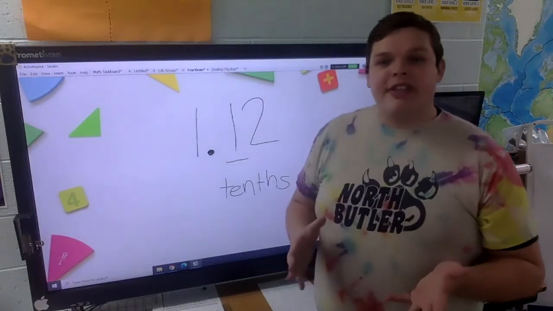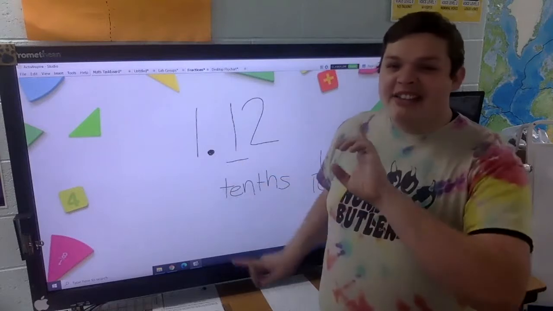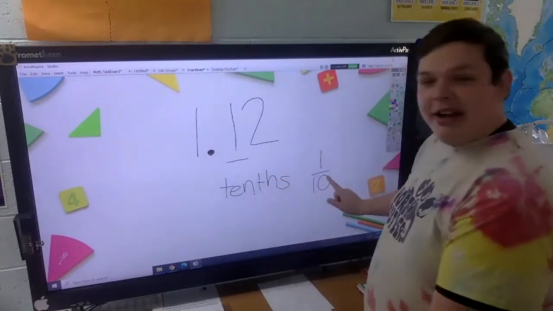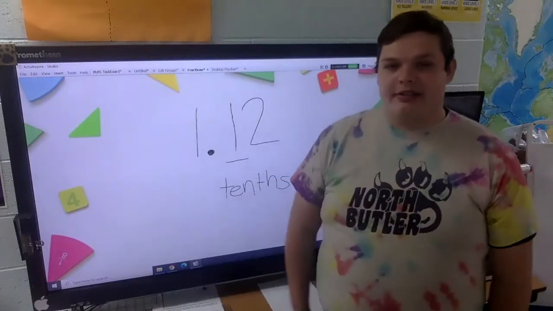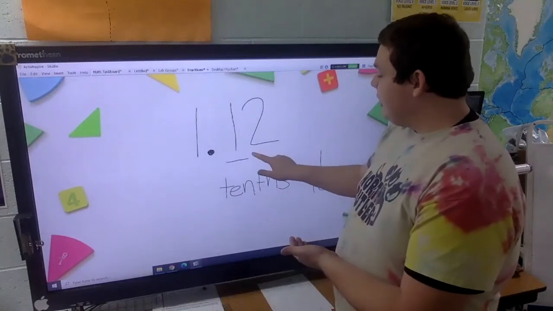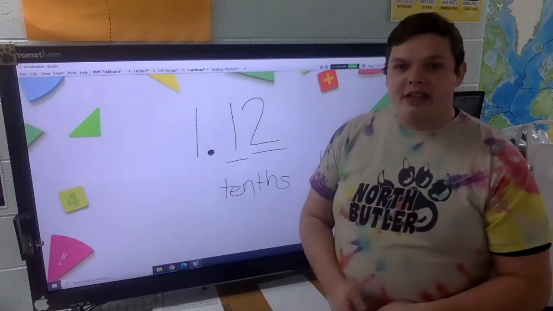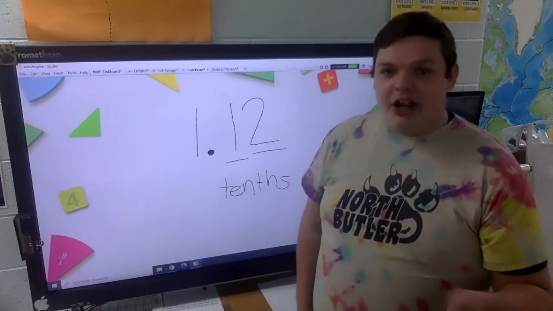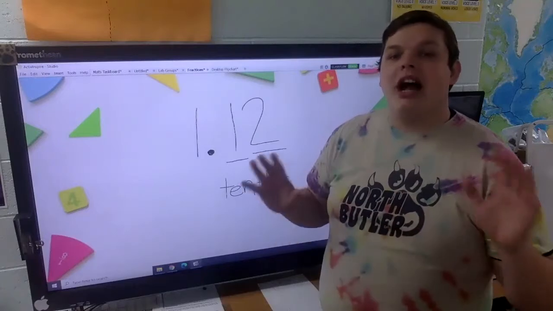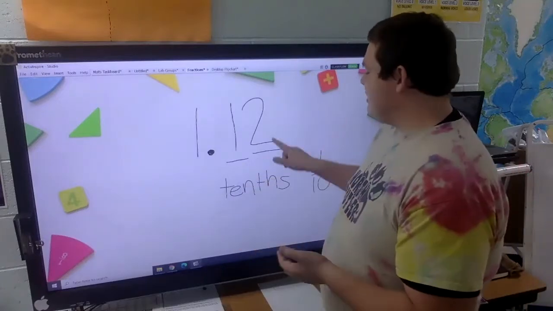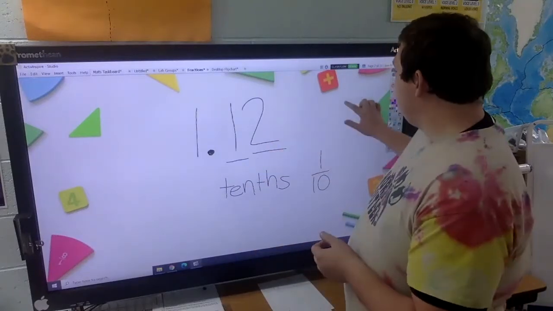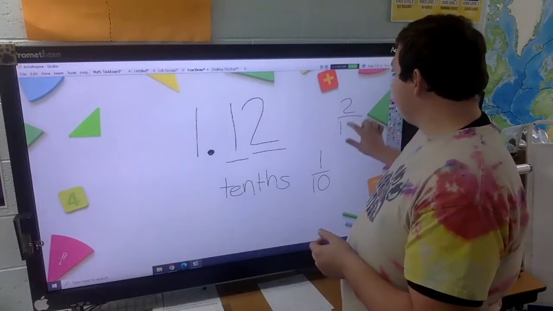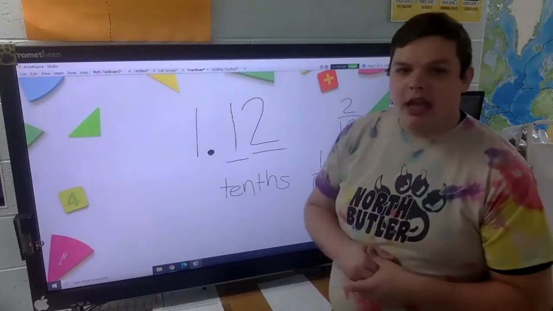So a decimal is like a fraction, but this first number always has a denominator of 10. Always, always, always. And then this second number, the 2 in this case, always has a denominator of 100. Counts as 100 pieces. So for instance, this right here would be 2 over 100, just the underlined number, okay?